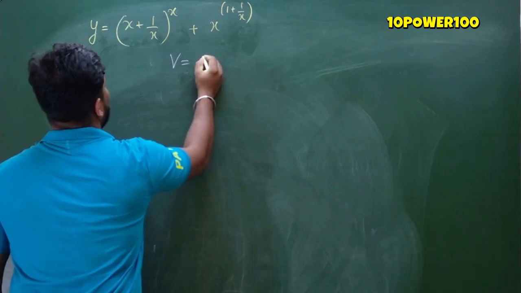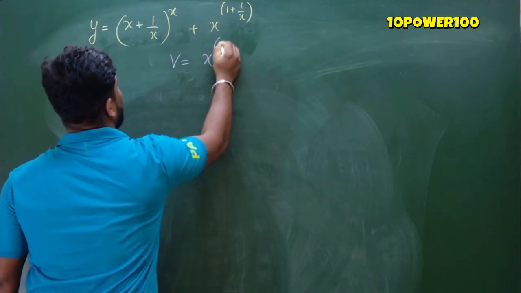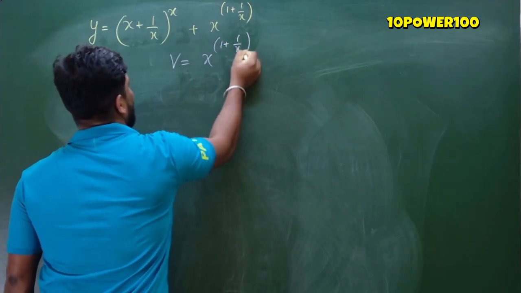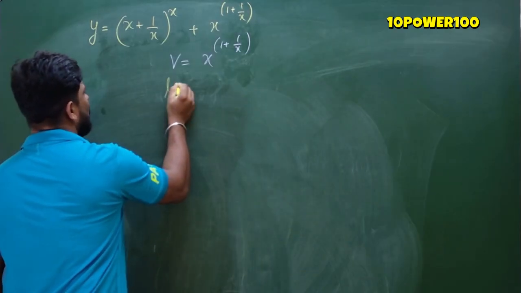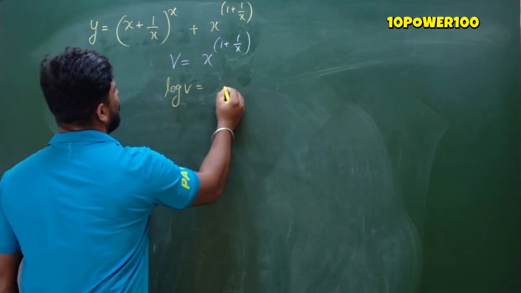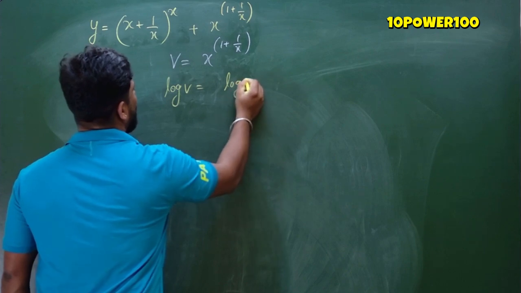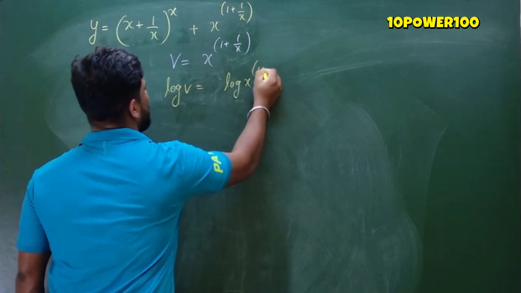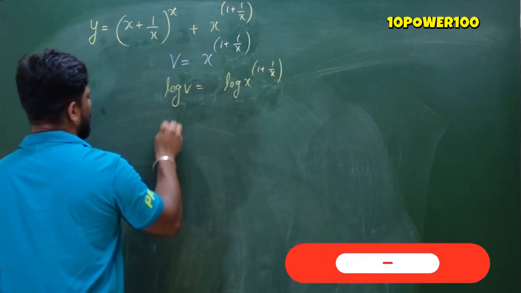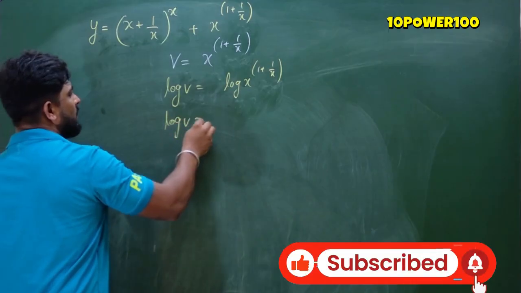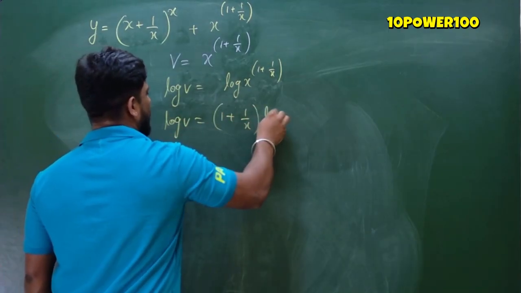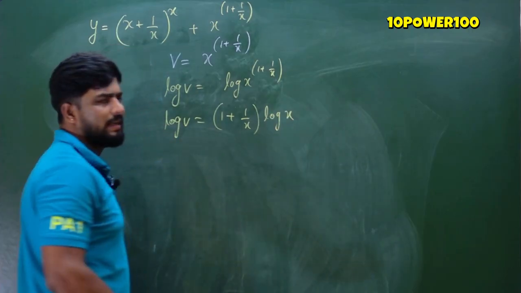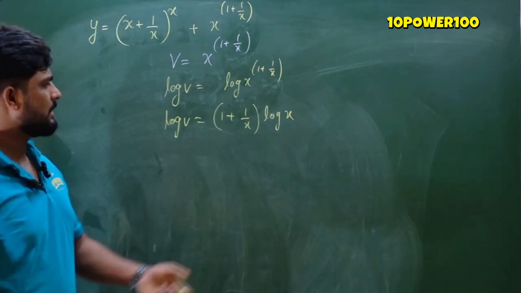So v is equal to x of 1 plus 1 by x, x to the power of (1 plus 1 by x). Same procedure. So log v is equal to log of x to the power of (1 plus 1 by x). So log v is equal to (1 plus 1 by x) into log x. So we will not find it difficult here, you can easily solve this.